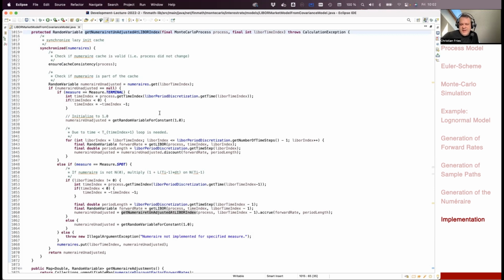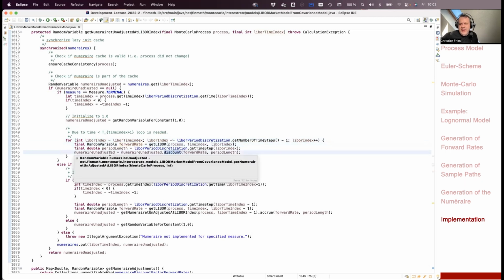So we are calculating this product. So for the terminal measure, our numeraire is here the product from my current forward rate to the end of my time discretization. So I take the forward rate, and then there is the discount here. The discount is divide by 1 plus L delta L. Yeah?